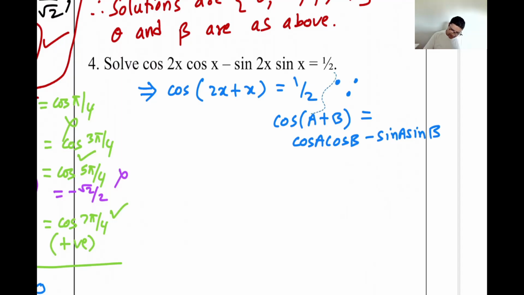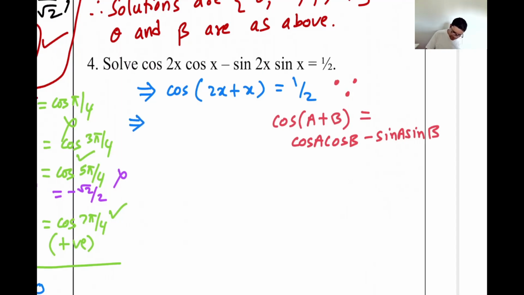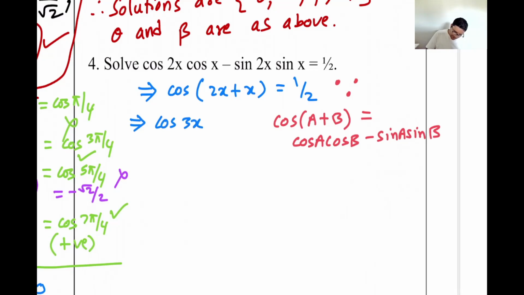That's the reason statement. Continuing here, this implies cos 3x equals half. And now we are back to multiple angles from the previous lesson. So I'm hoping you will be able to solve on your own after this.